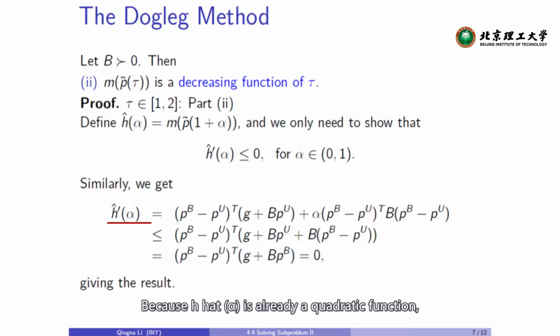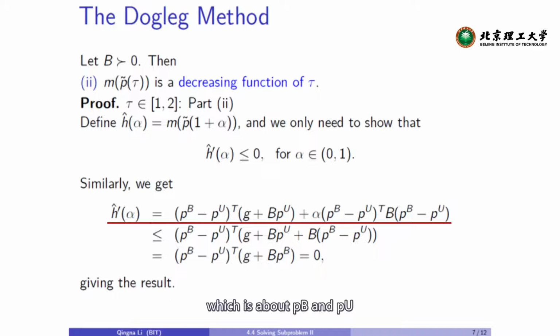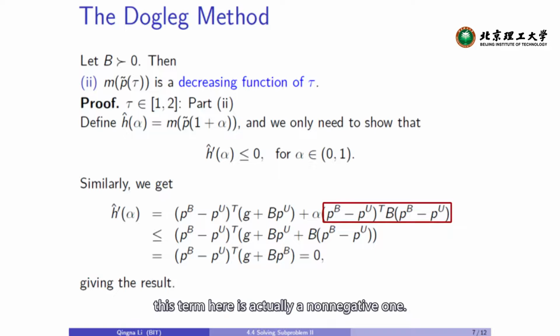Because h alpha is already a quadratic function, we directly take the gradient, and then we get the following result, which is about PB and PU, as well as some term in alpha. We notice that B here is a positive definite matrix, and for any positive definite matrix, this term here is a non-negative one.